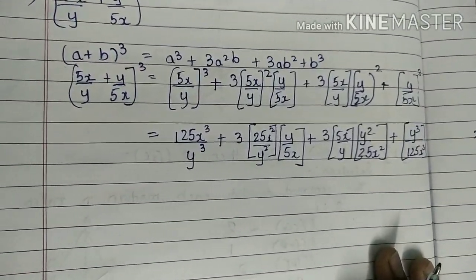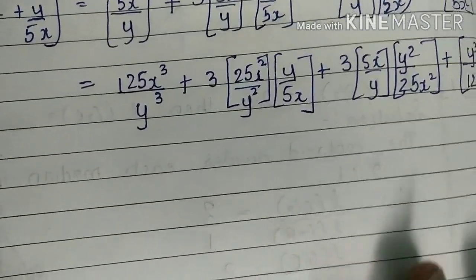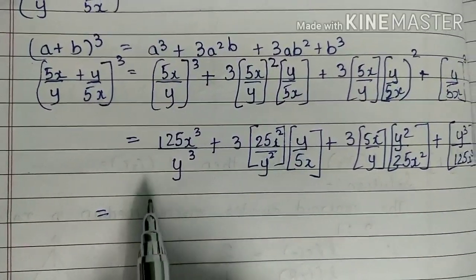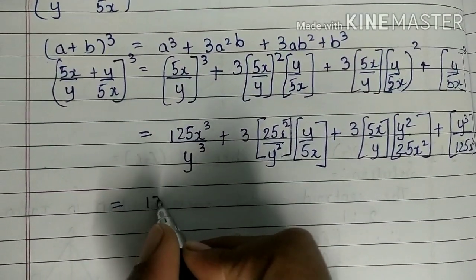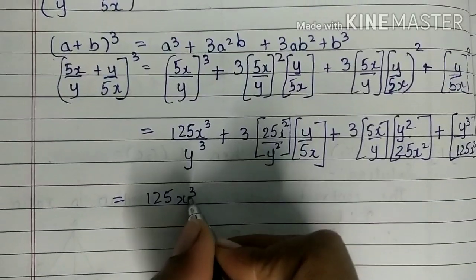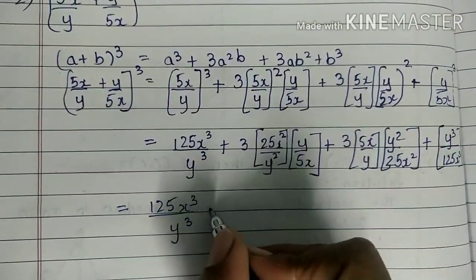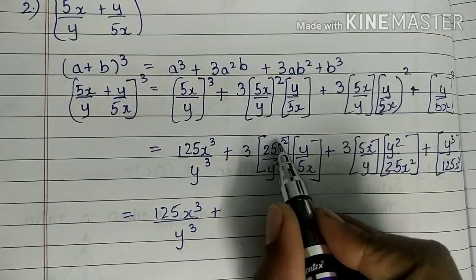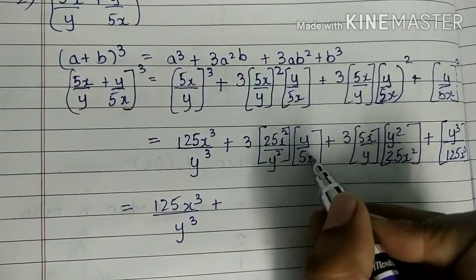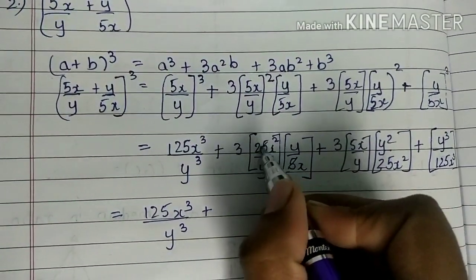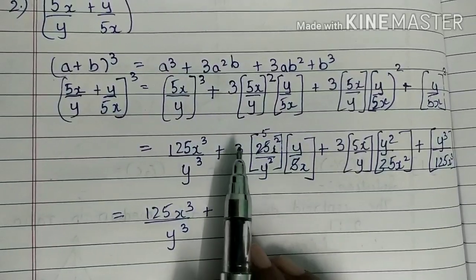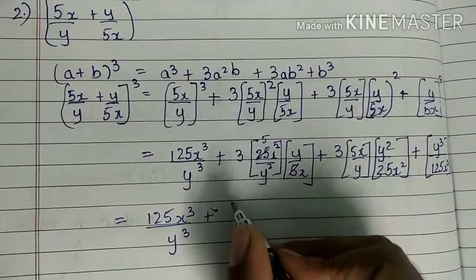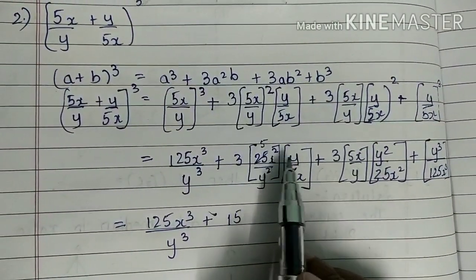Okay, now this we'll write like that only because there is no change in this term, so it will come same, 125x cube upon y cube, plus this will get multiplied, or directly you can cancel out these two numbers, that is 5 1s are and 5 5s are. Okay, so which numbers are left here in the numerator? Only 5. So 3 5s are 15 and what letters are left?